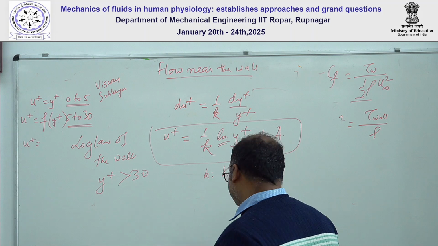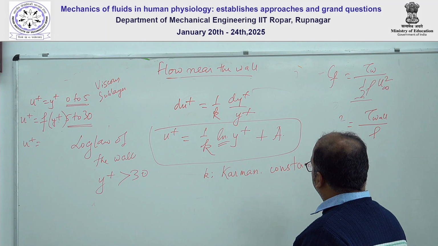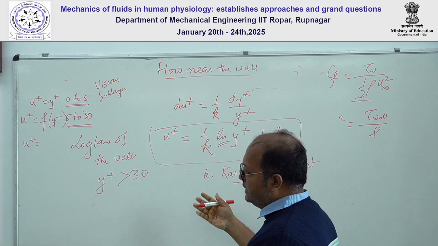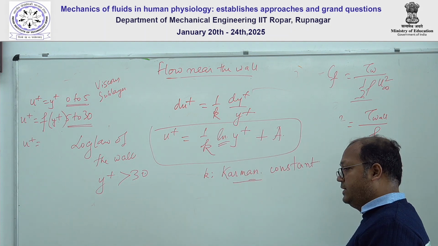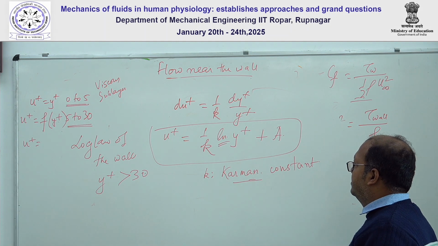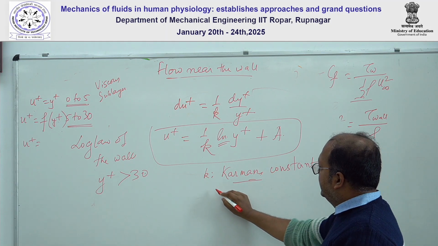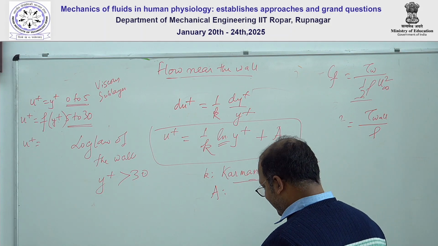And this k is the Karman constant, named after Theodore von Karman, who was again a PhD student of Prandtl. Karman himself later went from Germany to the US and did a lot of things in aerodynamics. Nevertheless, this is known as the Karman constant; it's not named after a famous scientist, it's just a constant.